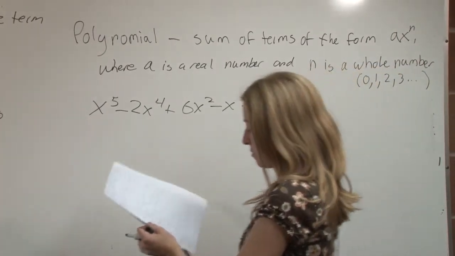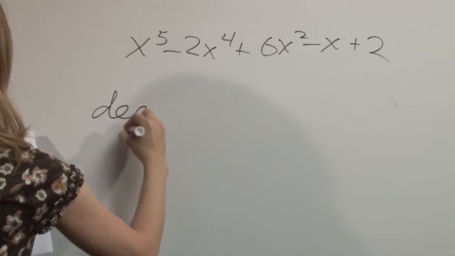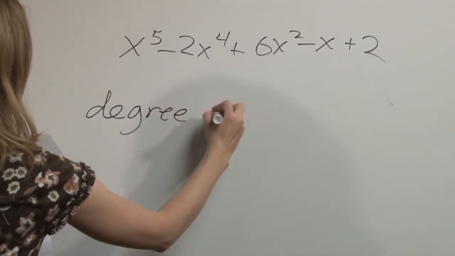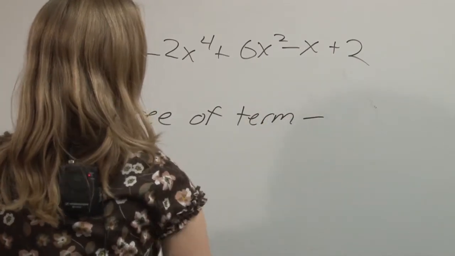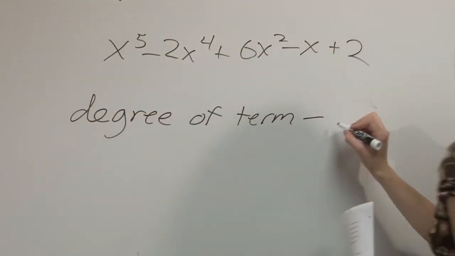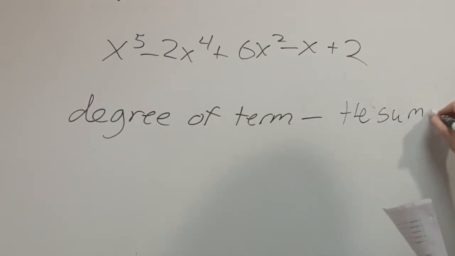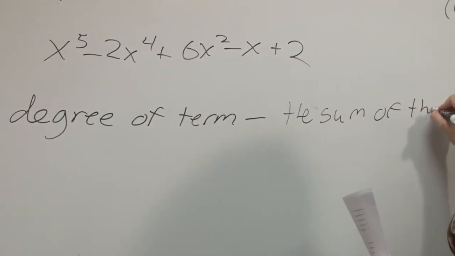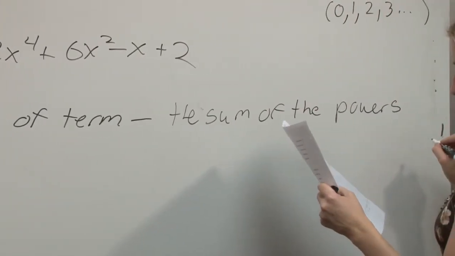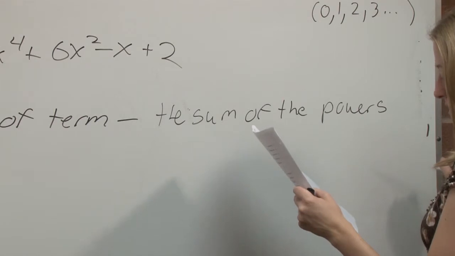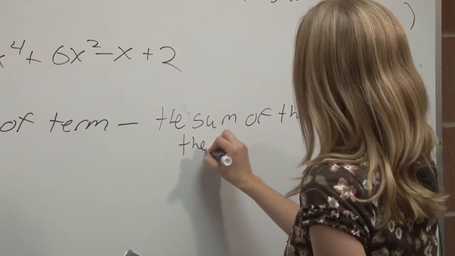So another concept that is important to polynomials is degree. So the degree of a term is the sum of the powers on the variables in the term.